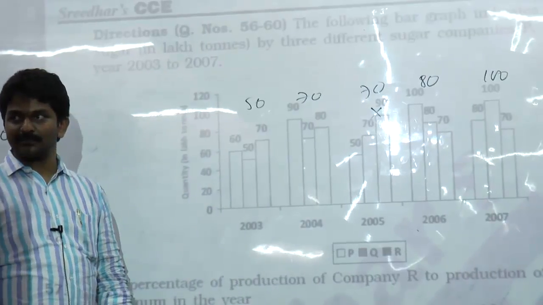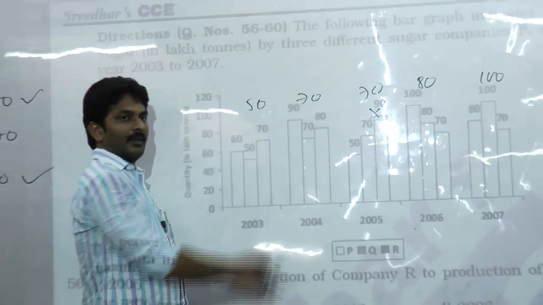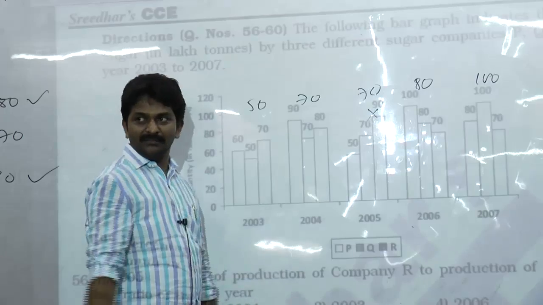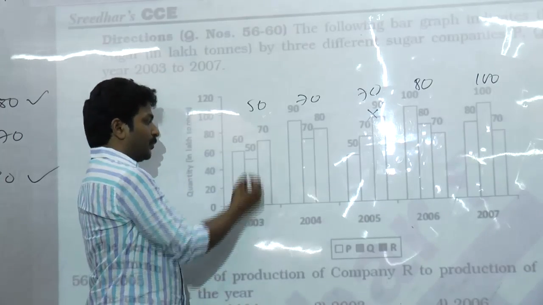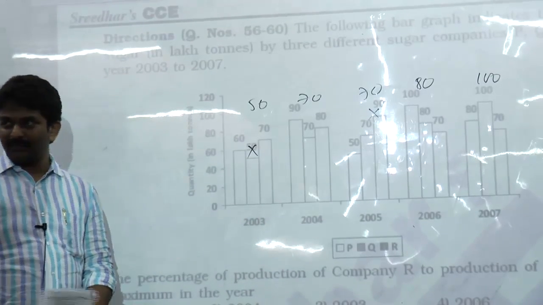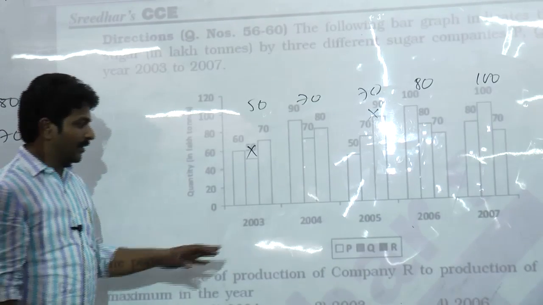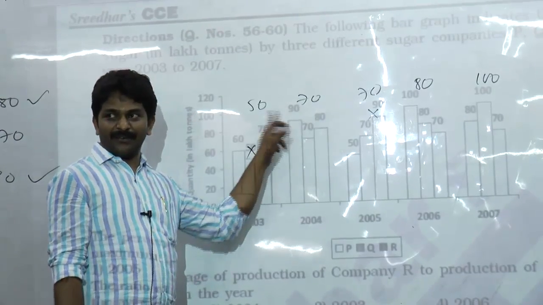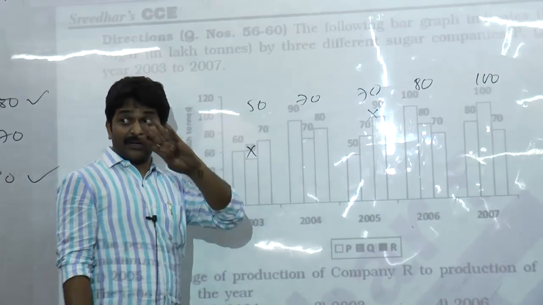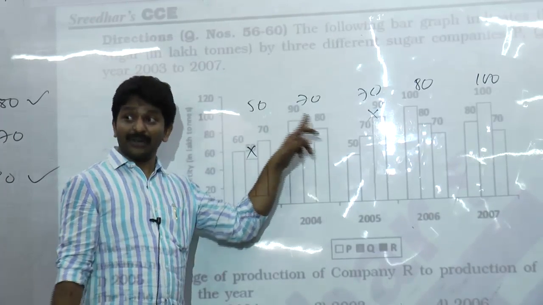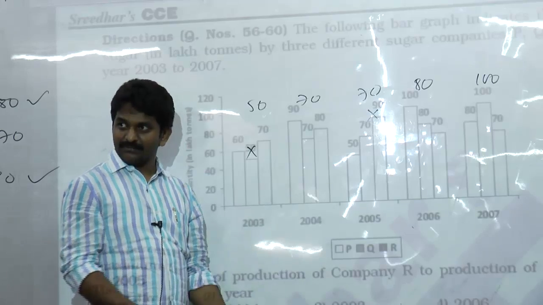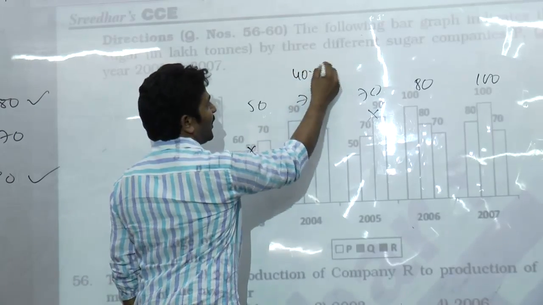This one cannot be your answer because there is no increase. 50 increases to 70. 2003 cannot be your answer first of all, because percentage increase or decrease depends on previous year data. In 2004 it becomes 70 from 50, increases by 20, which is 40%.